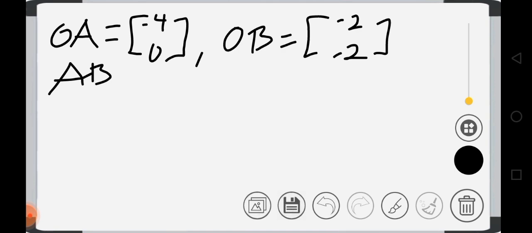What will be AB? That's the question. Now let's look at this AB.